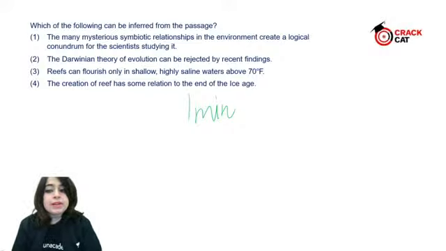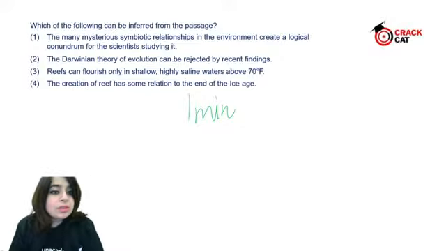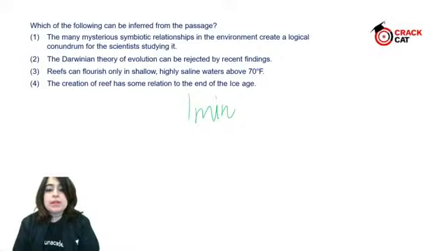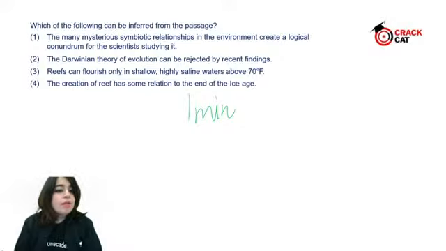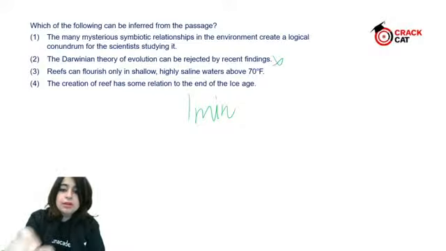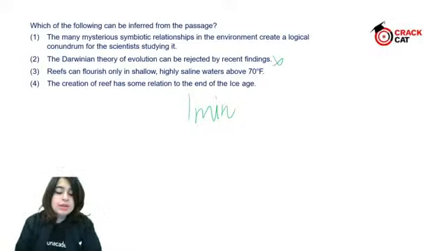All right, let's quickly solve this question. It says, which of the following can be inferred from the passage? Many mysterious symbiotic relationships in the environment created a logical conundrum for the scientists studying it. Or the Darwinian theory of evolution can be rejected by recent findings. We can't really say that it cannot be rejected.